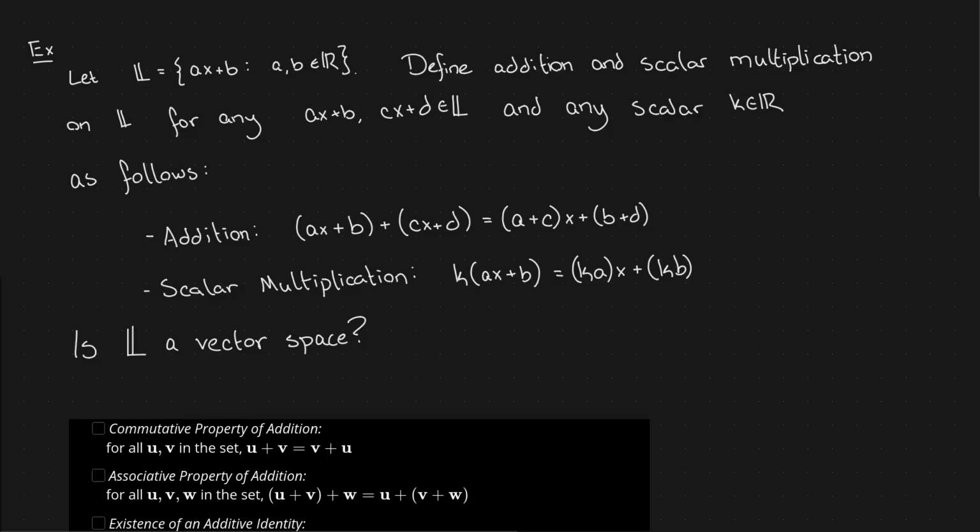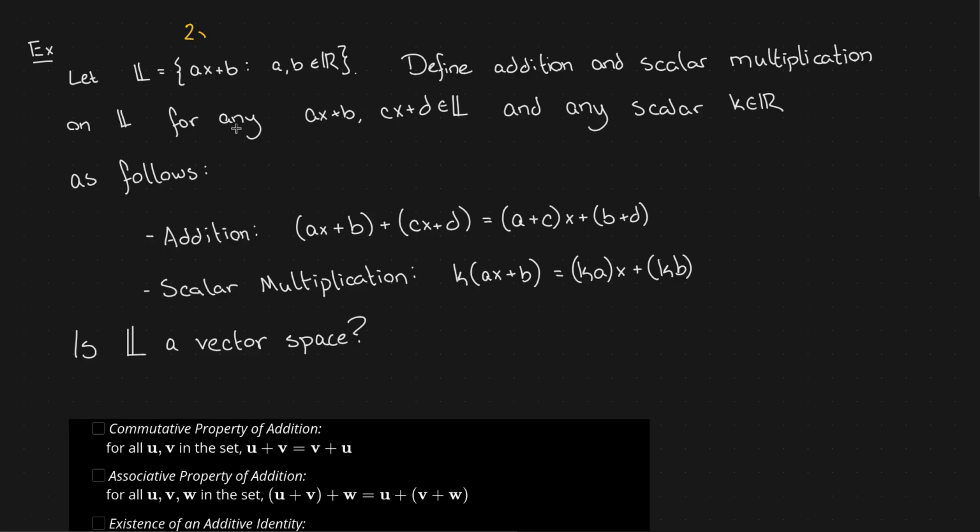So let's take a look at an example of an abstract vector space. Let's define L as the set of all functions that can be written as ax plus b for real numbers a and b. So for example, 2x plus 7 would be a function in this set. All right.